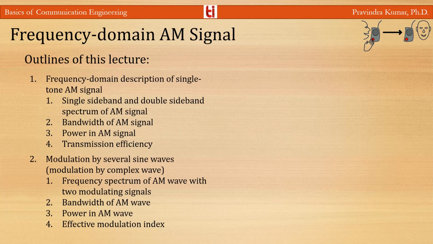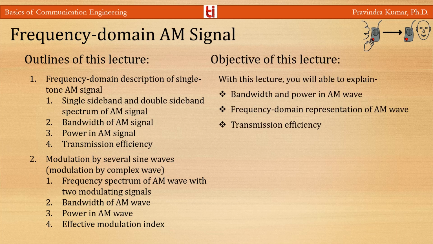After this, we will discuss modulation by several sine waves, or you can say modulation by a complex wave, where we will discuss the frequency spectrum of AM wave with two modulating signals, bandwidth of AM wave, power in AM wave, and effective modulation index. In the objective of this lecture, you will be able to explain bandwidth and power in AM wave, and also the frequency domain representation of AM wave and transmission efficiency.